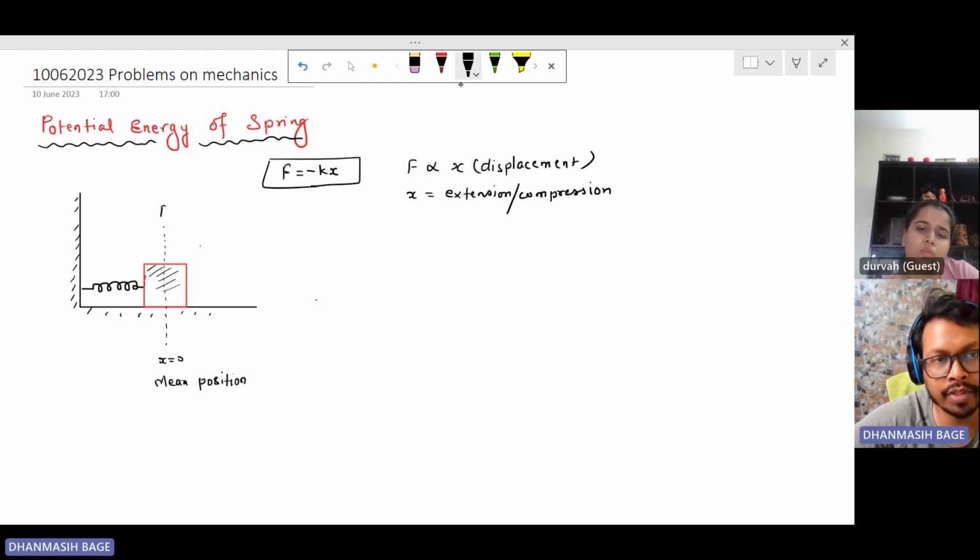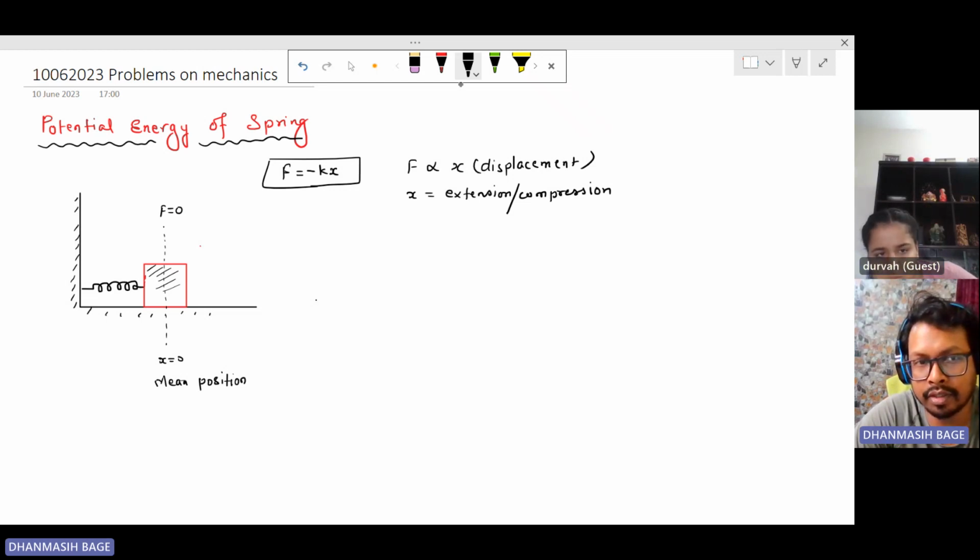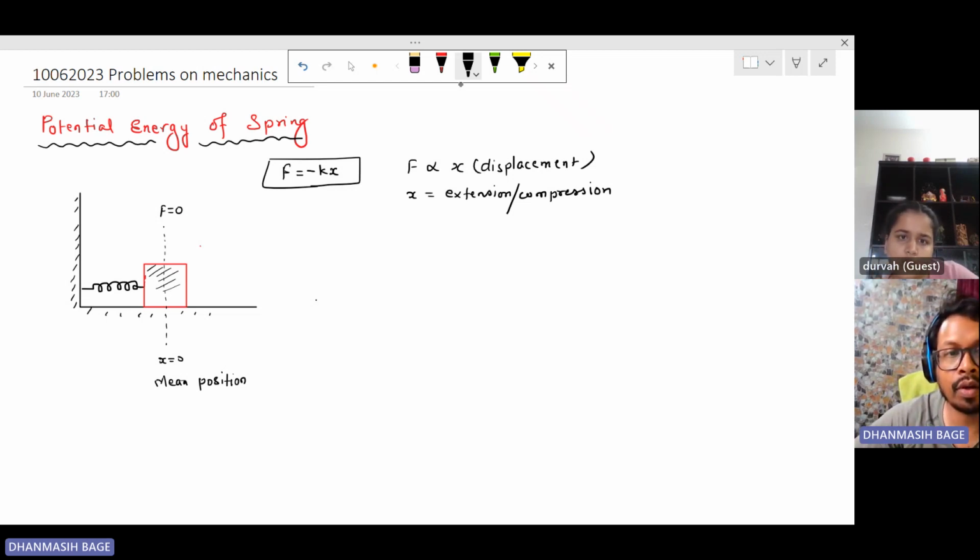At this position, there is no force acting on it. It depends on whether you compress it on this side or extend it on this side; then the force comes into play. Otherwise not, right?